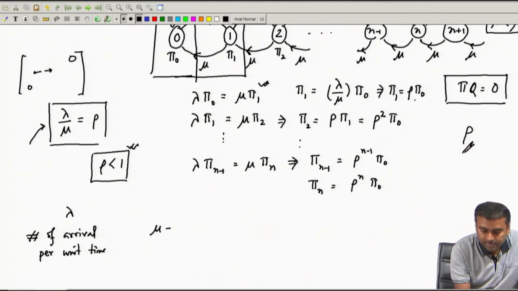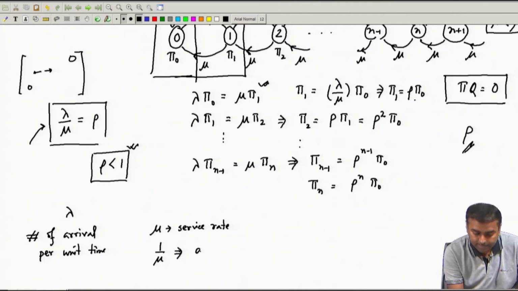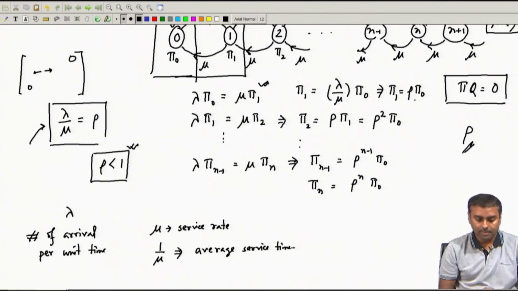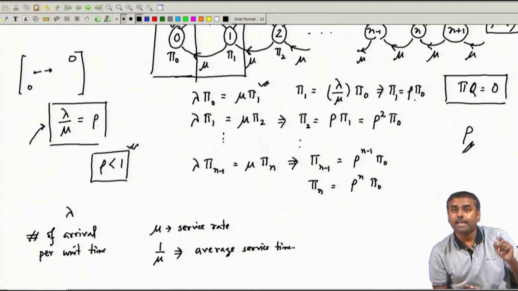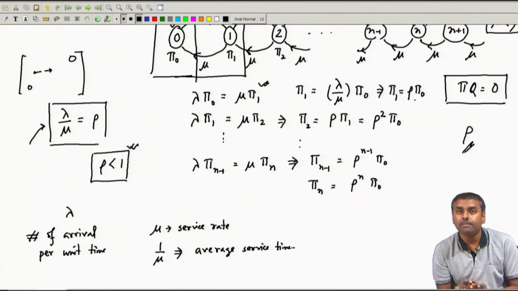What is mu? Mu is the service rate. We also know the definition of 1 by mu, that is, according to the Poisson, this is the average service time. Okay. So, lambda number of average arrivals are occurring, and if I serve them, the average service time is 1 by mu.